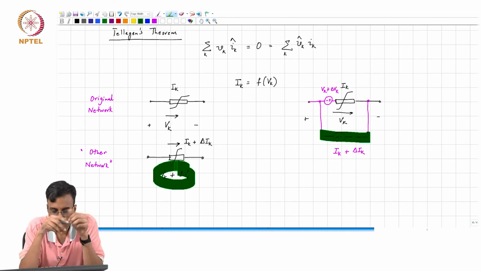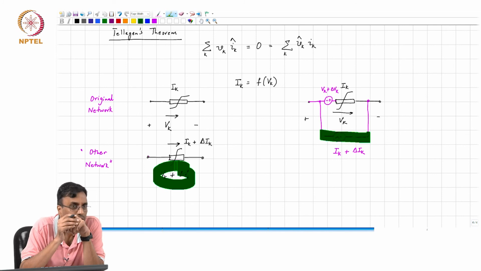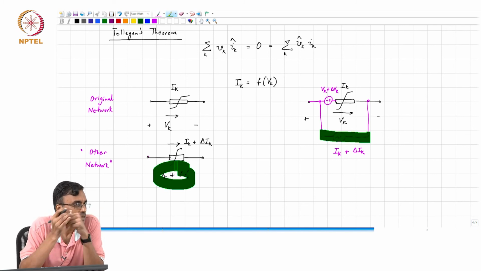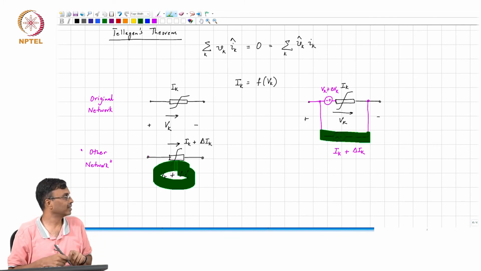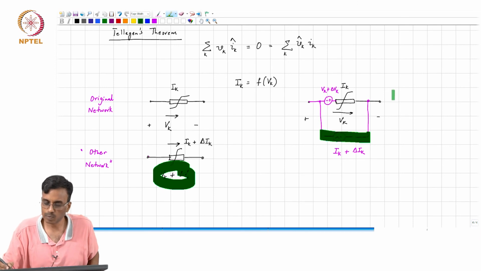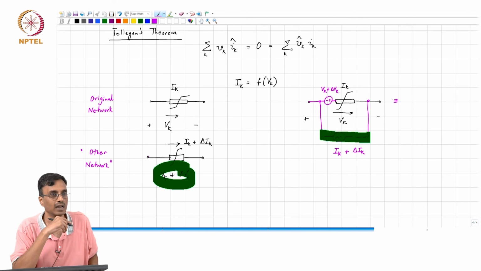Well, we know that the branch voltages are not some arbitrary branch voltages. They all satisfy KVL, and therefore the effect of adding all these is that it doesn't change the loop currents, right? So therefore, if the original network satisfies KCL and KVL, it's apparent that if I replace every branch by this composite branch, it must also satisfy KCL and KVL.